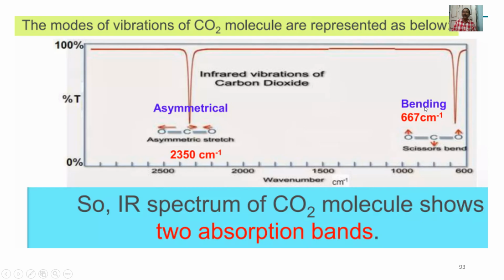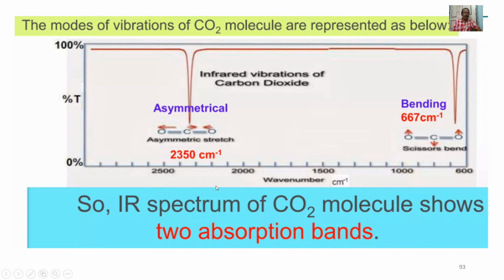And we have bending vibrations, two bendings, in plane and out of plane. Both will have the same frequency, same energy, degenerate. So it occurs at 667 per centimeter.